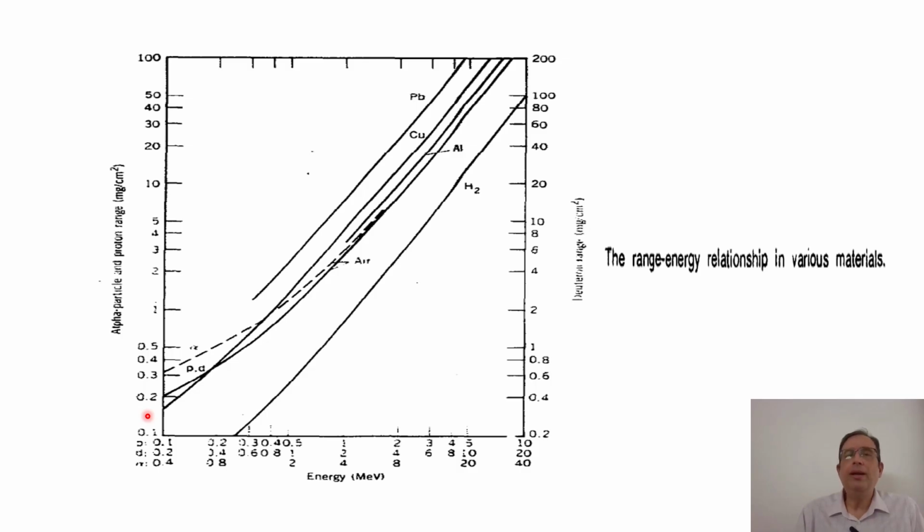So you can plot all the materials on the same scale. This technique of multiplying the actual range with the density normalizes the data, so you can visually see it for different materials. Here it is shown that the range increases with energy, as it is obvious. If energy is more, the range is more.